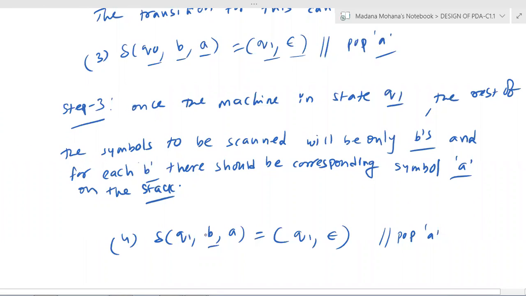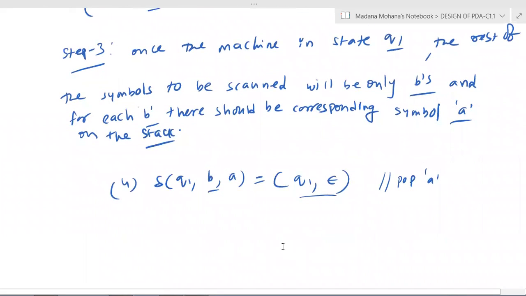That means for every input B, there exists a corresponding A. So whenever this occurs, we pop without changing the state. Like that, all A's from the stack are deleted or erased by seeing the corresponding input symbols, that is the number of B's.